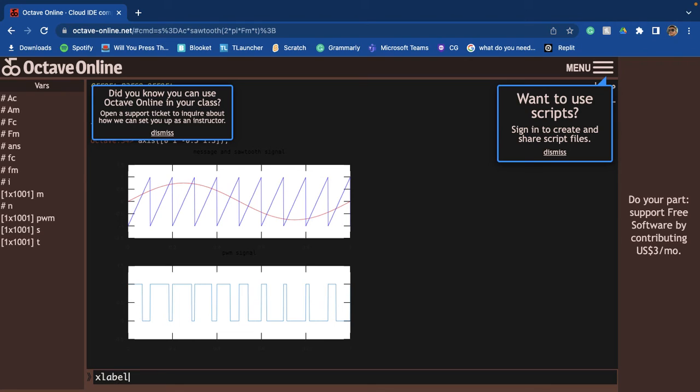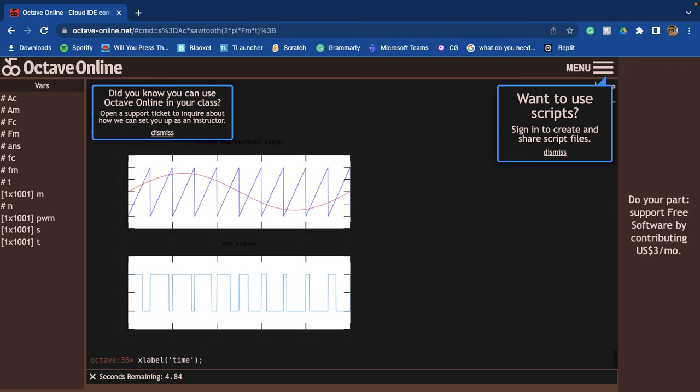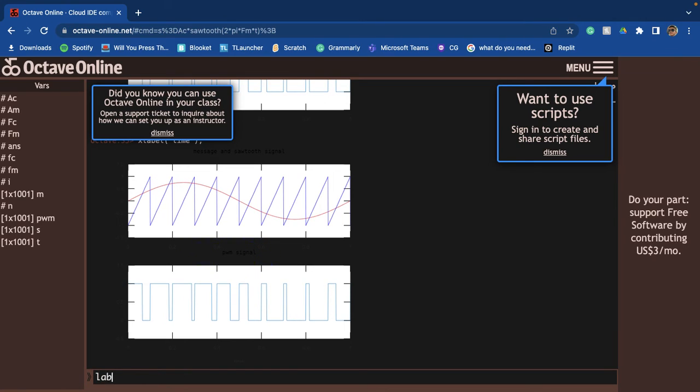X label is time, Y label is amplitude. Okay. So this completes the experiment.